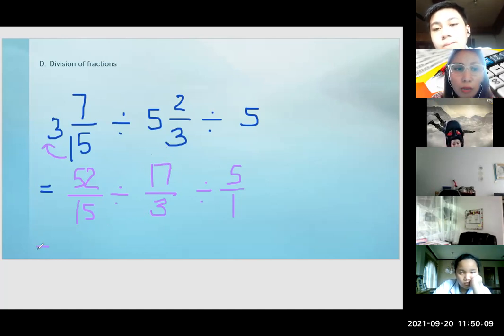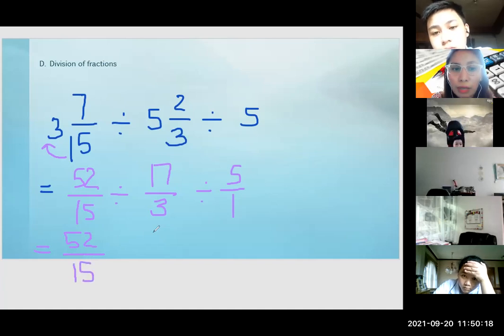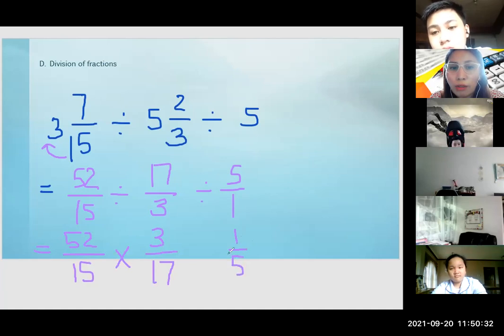So equals, copy 52 over 15. You should not invert the first given fraction, okay? Invert 17 over 3, it becomes 3 over 17. Multiplication na tayo. And then invert also the second fraction, 5 over 1 becomes 1 over 5.